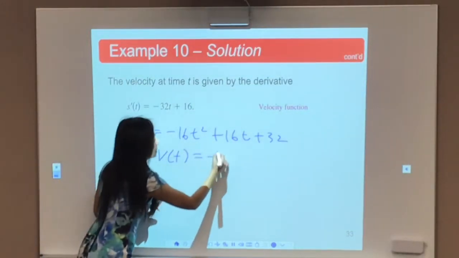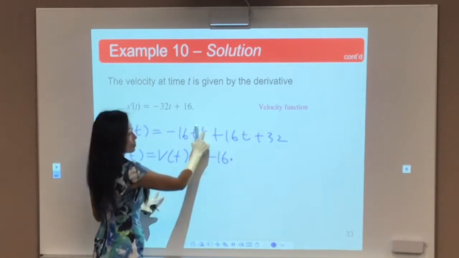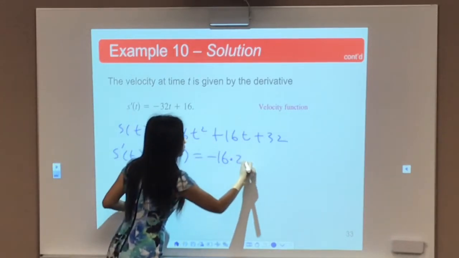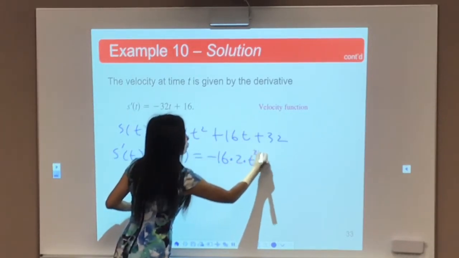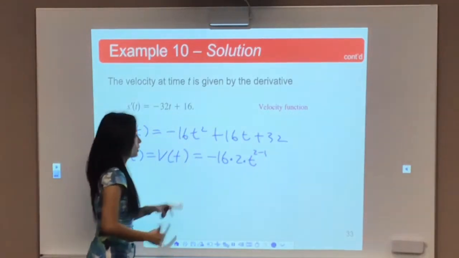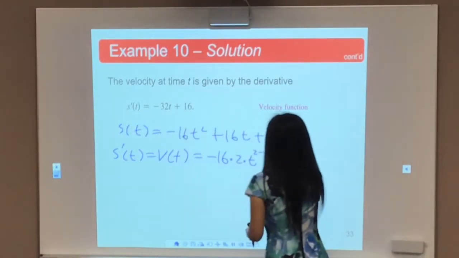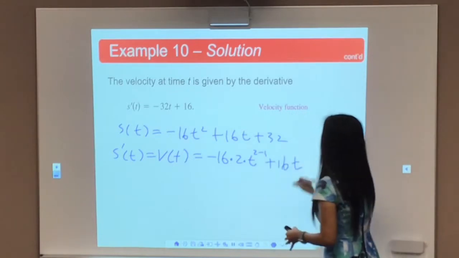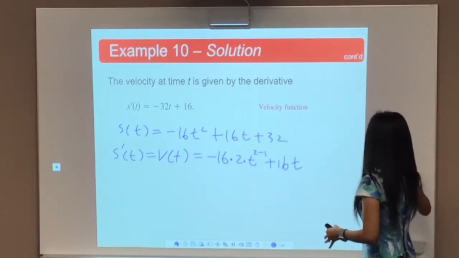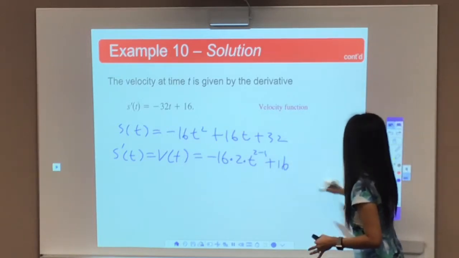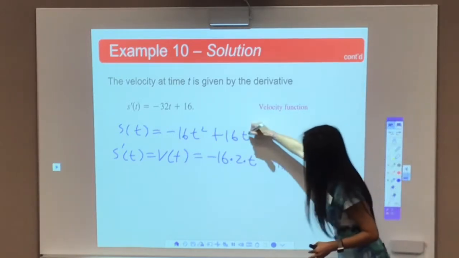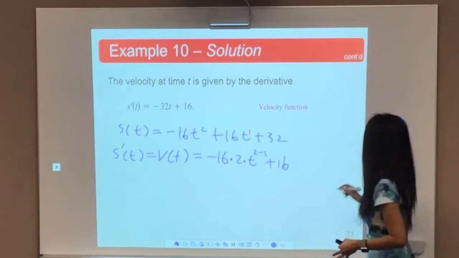So what is my derivative? I do what? -16 times which number? 2 times t to the what? 2 minus 1. What's next one? 16t. Okay, how about I don't skip any steps so you can see what's going on? This is the same as t to the 1, right?